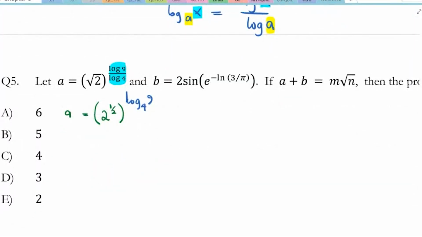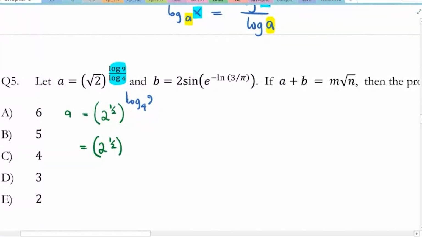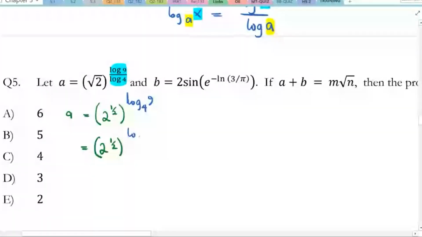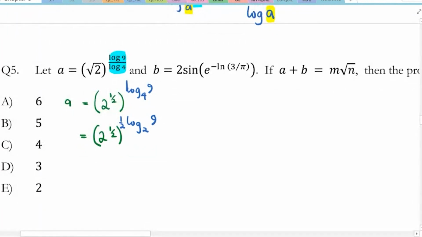Now let us rewrite this one. This is going to be 2 to the power of a half. Now let us simplify this. I want to change the base to 2 here, so it is 2 to the power of a half times log base 2 of 9. I hope you agree with me, that is one of the properties of change of base.